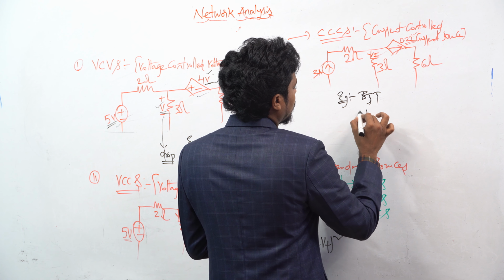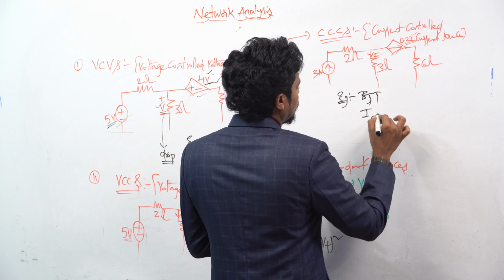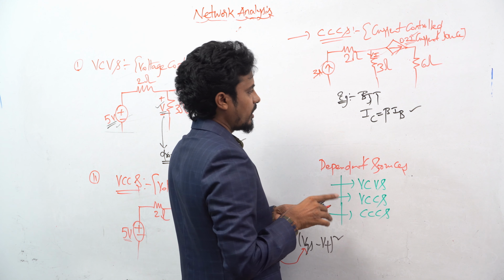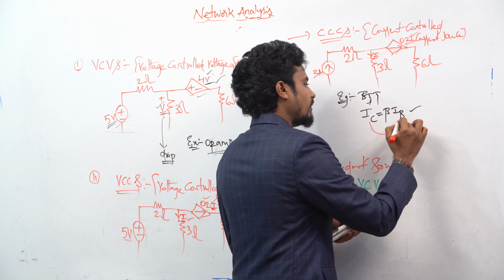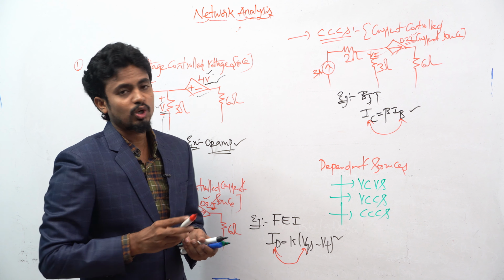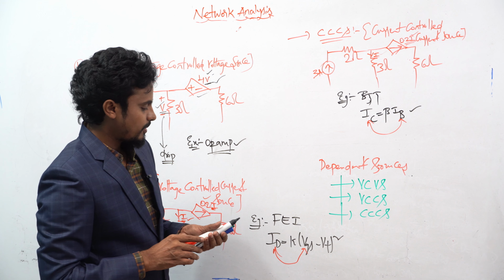So for the BJT, IC is equal to beta IB. Here you can see the current depends on another current, that is the current controlled current source. And similarly another case is also there.